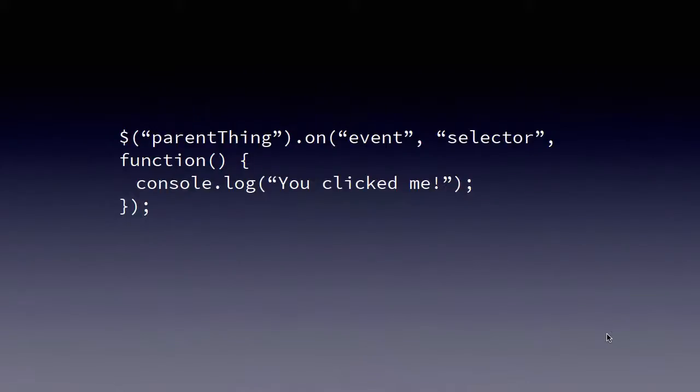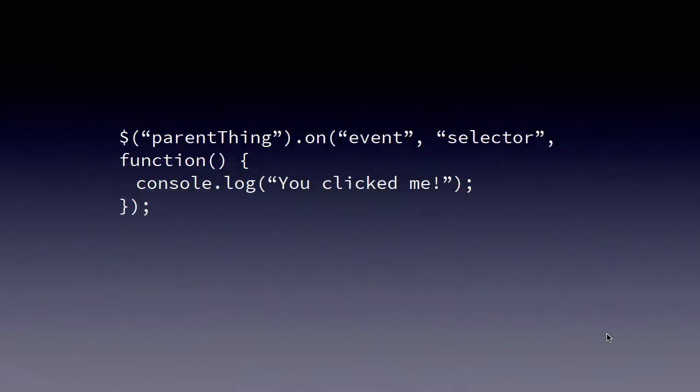If you remember, I said that the on event was kind of the core way of doing events. And I mentioned that it was pretty powerful. Well, one of the ways that it's powerful is that I can actually run the on handler on some parent, but filter it on things inside it. So in this example, I'm saying select parentThing. And I'm saying when event happens, and that could be click, double click, whatever, I want you to run a handler, but only when it matches my selector.